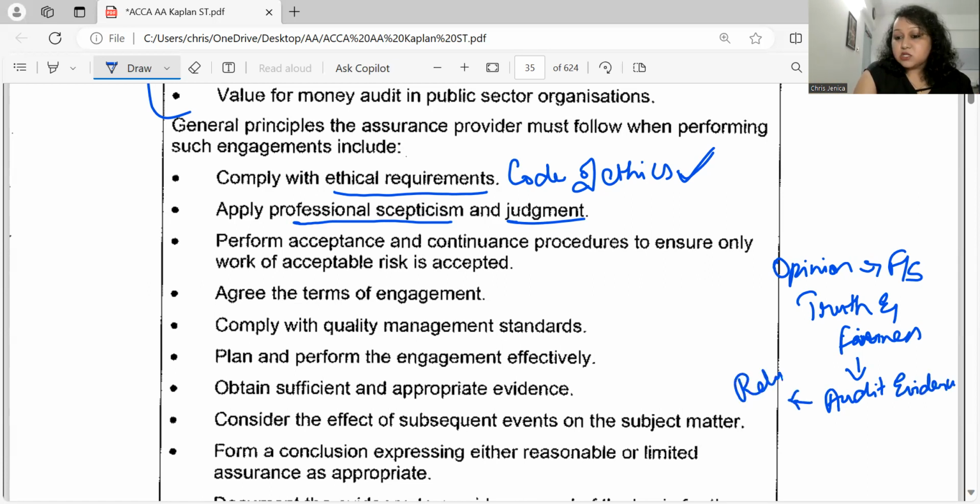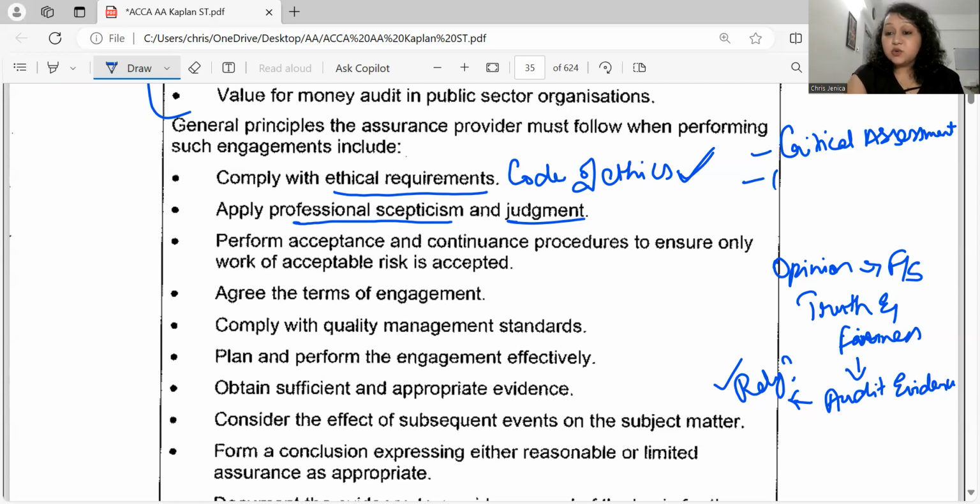Can we rely on this audit evidence? Audit evidence is something you're going to obtain from the client company as a part of the audit process. It can even be third party obtained audit evidence. But is it possible that you can 100% rely on the audit evidence? No, right? So you need to have a critical assessment carried out for the audit evidence obtained. And how will you carry out this critical assessment? You need to have a questioning mind.